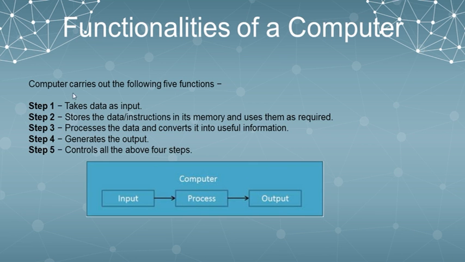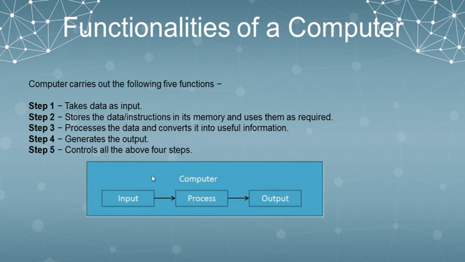So first step, take the data as input by keyboard or mouse, store the data and instructions in memory, like first of all we enter the data by the keyboard, it stores the data in RAM temporarily, and then use them as required. I mean to say it will process the data, convert it into meaningful information and generate the output, and last, control all the above four steps.